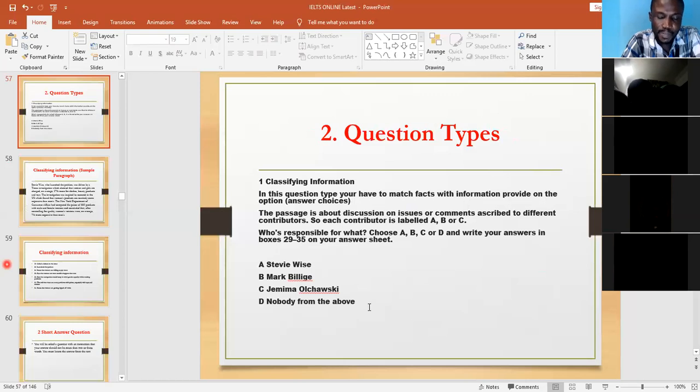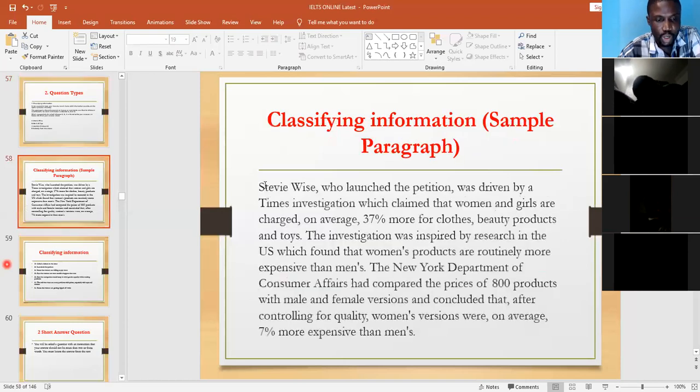But if the statement is credited to anybody, you will pick the person who is credited. If it's Steve Wise, you will write A. If it's Mark Bilge, you will write B, and so forth. So look, you can see this passage says Steve Wise.